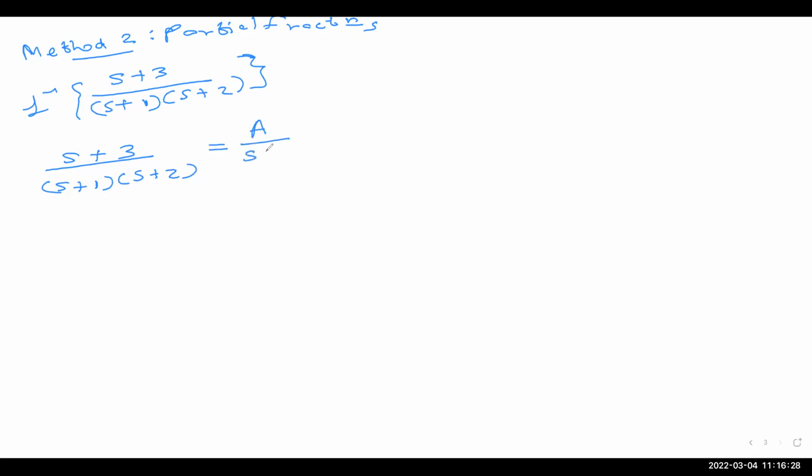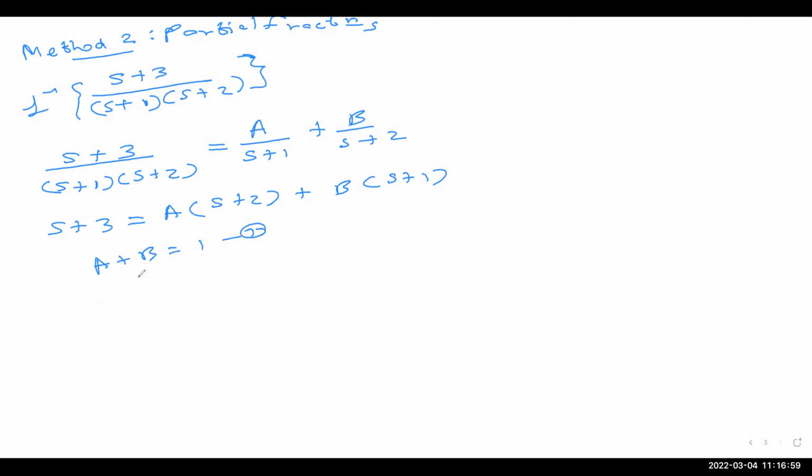So we can write this as a over s plus 1 plus b over s plus 2, right? Then by cross multiplying, you can get a(s plus 2) plus b(s plus 1), and if we equate the coefficients, we can get one equation as a plus b equals 1, and another as 2a plus b equals 3.